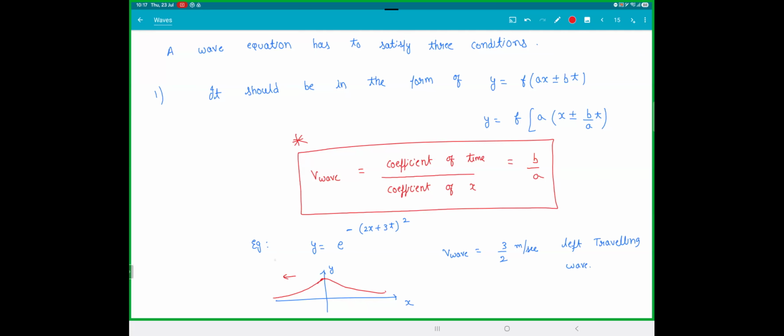And this bump is traveling backward with 3 by 2 meters per second. And the height of this bump is 1. So that is the shape of that wave. So this is the first thing. It should be in the form of x plus or minus vt, or ax plus or minus bt. Same thing.